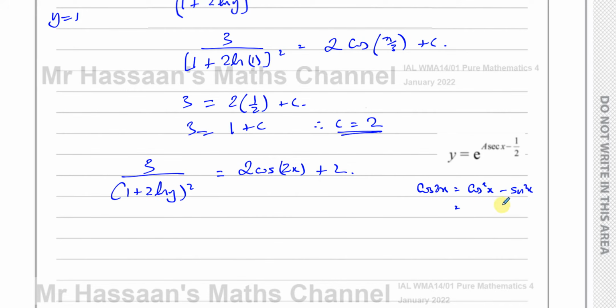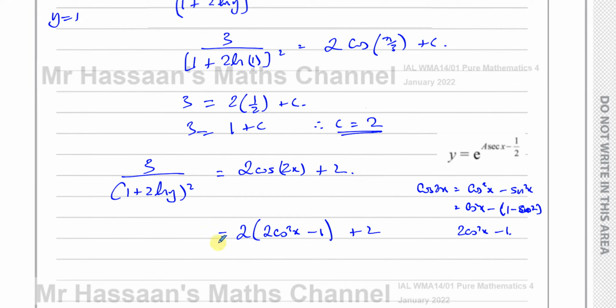And I know that sine squared x is 1 minus cosine squared x. So I have cosine squared x minus, in brackets, 1 minus cosine squared x, which gives 2 cosine squared x minus 1. So I can replace this cosine 2x with 2 cosine squared x minus 1.